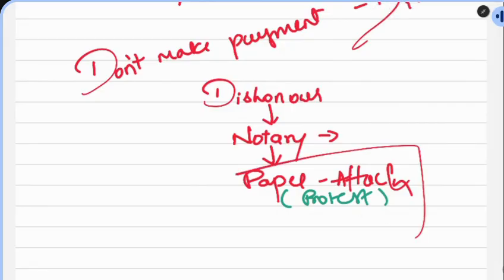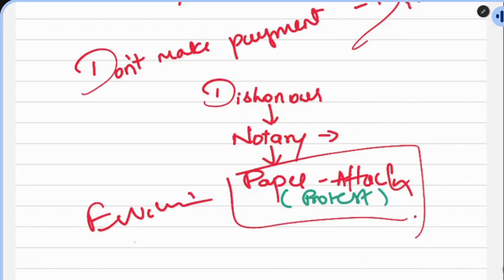And this acts as evidence in a court. Clear? Now he cannot deny. Are you clear with this? Right.